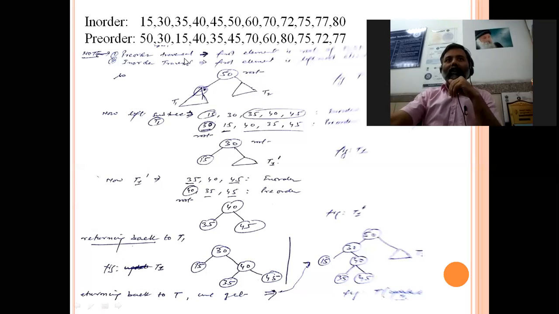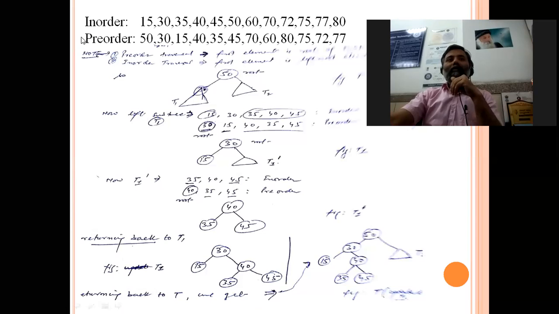In pre-order traversal, the first element is the root of the binary tree. In in-order traversal, the first element is the leftmost element of that binary tree. And in post-order traversal, the last element is the root of the binary tree. So we will use these observations.